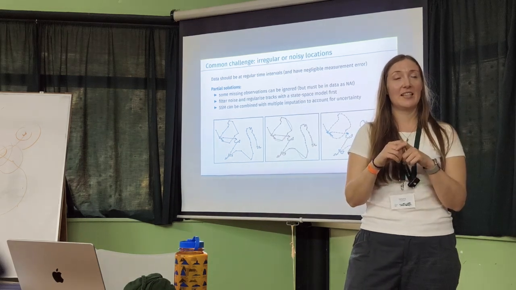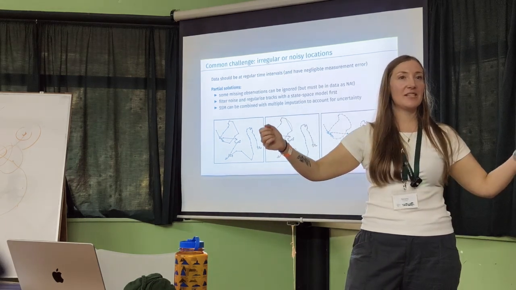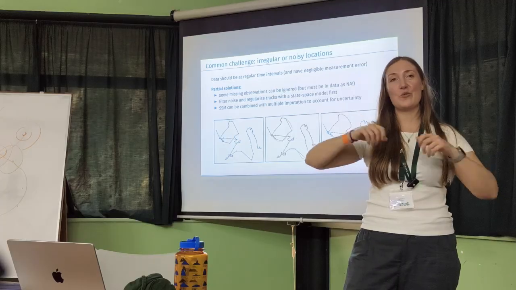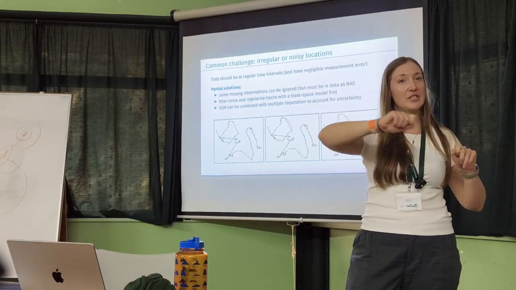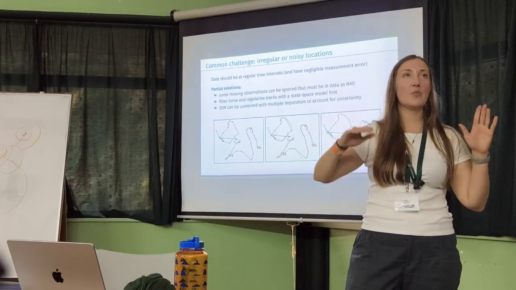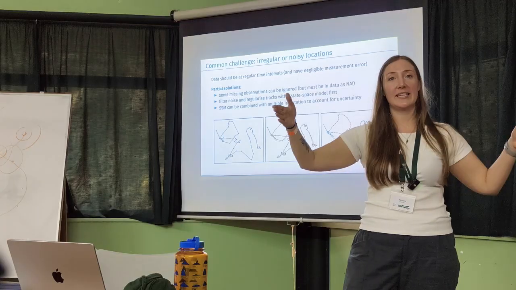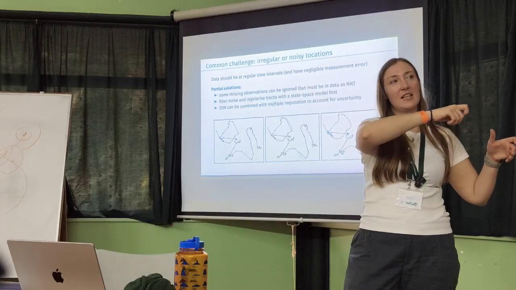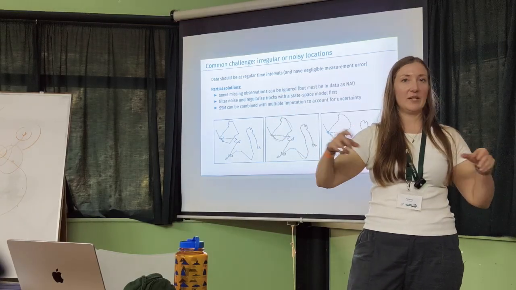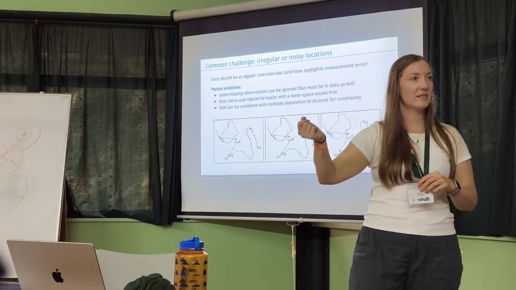If you have 100 missing observations and use a model to predict those, you're just going to predict a huge straight line. What's better to do would be to split it into multiple tracks and then fit a state space model to each of those track segments and predict those locations. Does that help?